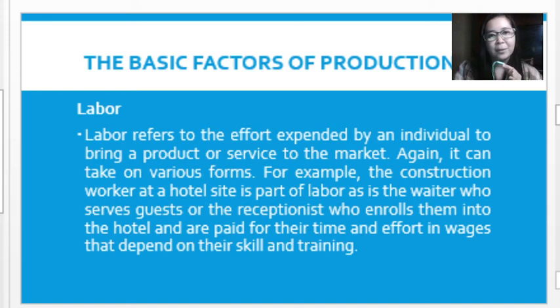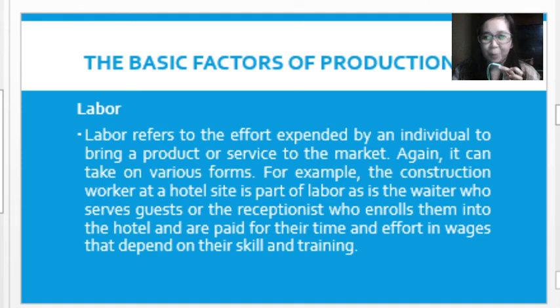Okay, so the next factor is labor. When we say labor, basically this is referred to the effort that is being expended by an individual for a fee. So just like land, labor can also take in many forms, but what we are after is that this is the effort that is being performed or exerted by an individual for a fee, may it be from the construction, service, and others.